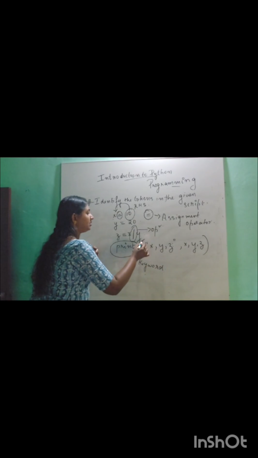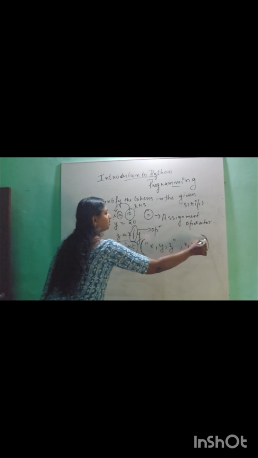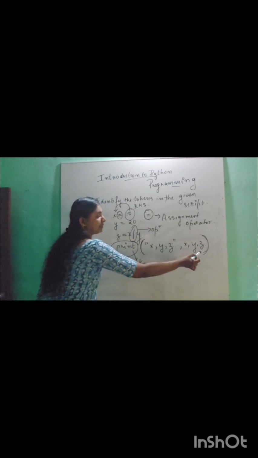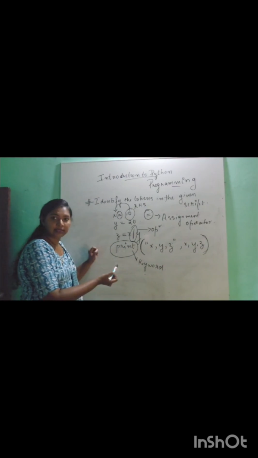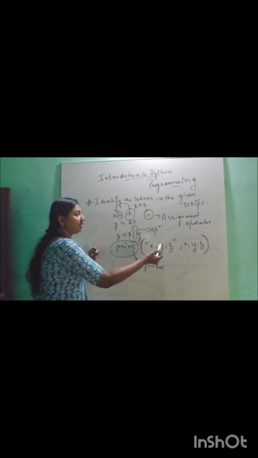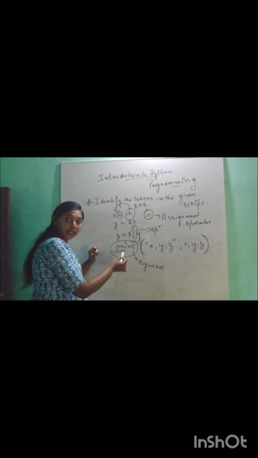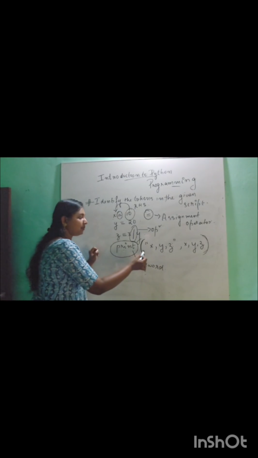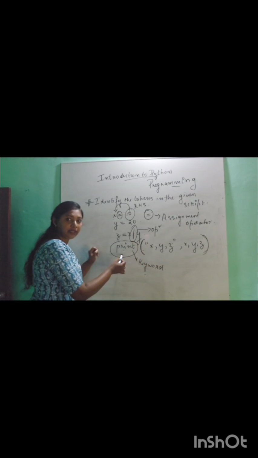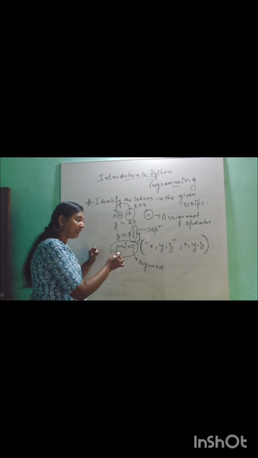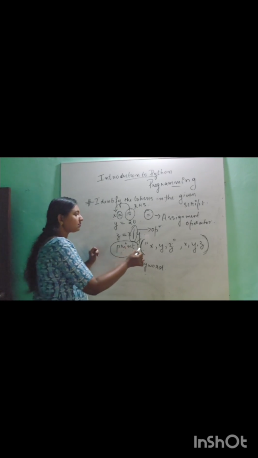Then what is this? This is a parenthesis, and it is used to indicate that print is a function. What kind of function is this? This is a built-in function in Python.